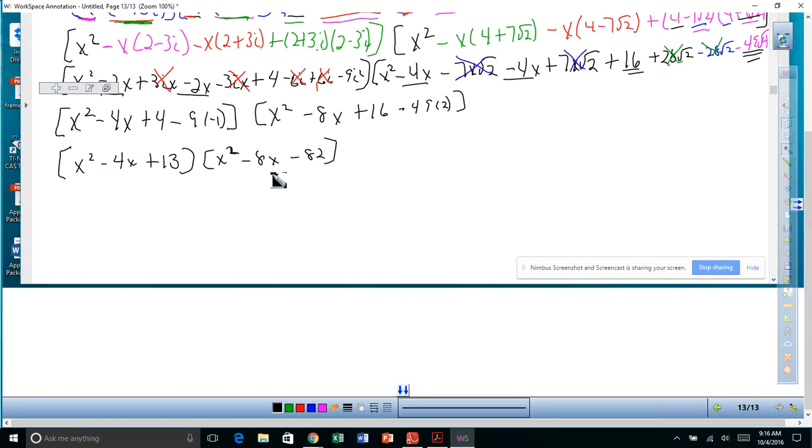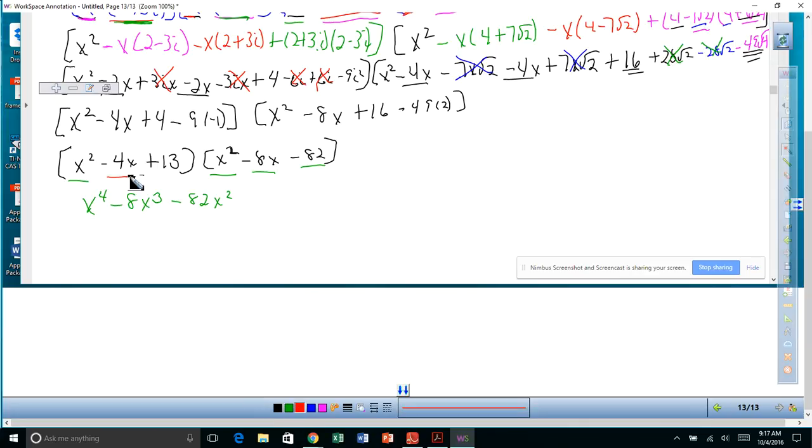Now we just have to multiply these. We've got x squared times x squared, that's going to be x to the 4th. x squared times minus 8x will be minus 8x cubed. Then x squared times minus 82 will be minus 82x squared.